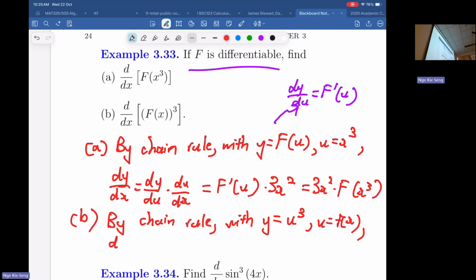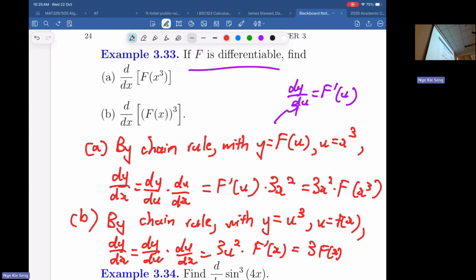Then again by chain rule, dy/dx equals dy/du times du/dx, which is 3u squared times f'(x), which equals 3 (f(x)) squared times f'(x).